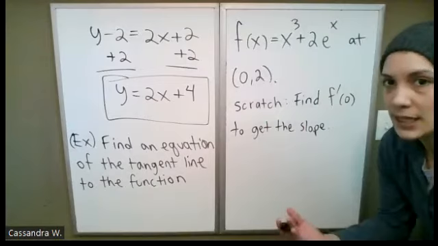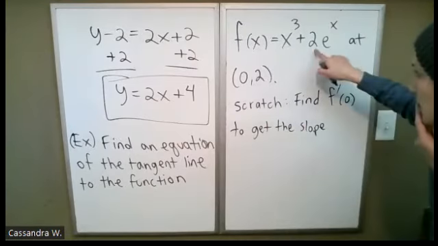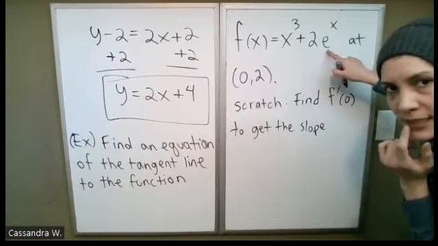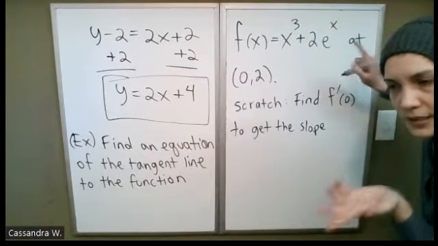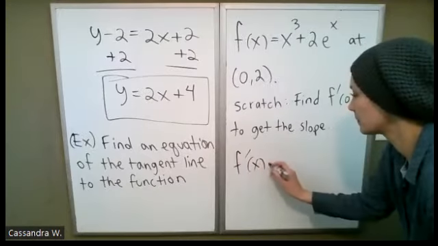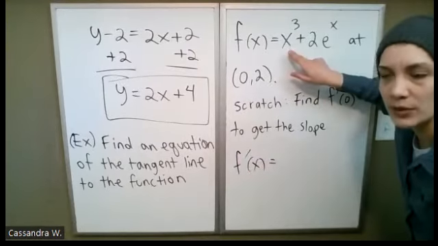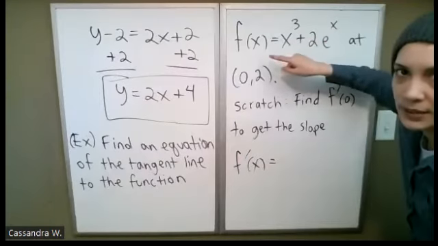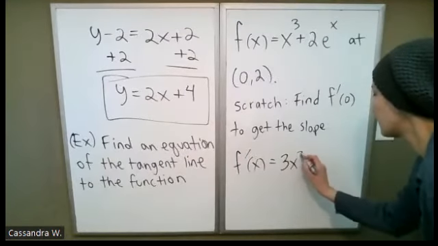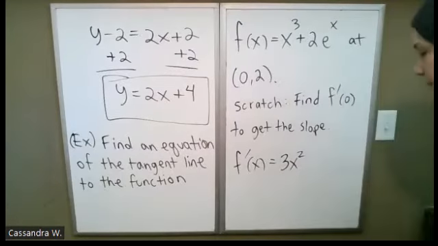But we're going to start with getting f prime of x, which will need a power rule, and this is nothing crazy. Okay, I hope I said power rule. I meant to say power rule. We're going to bring 3 down and have x squared plus 2e to the x.